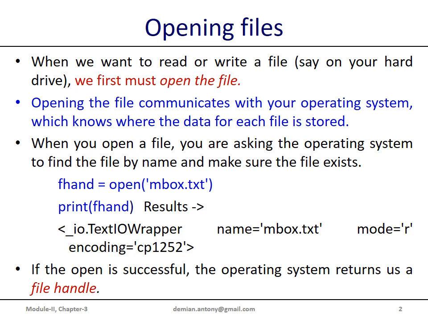As I said, in order to read contents from a file, we must open a file. What do you mean by opening a file? So opening a file is nothing but the interface between the program and the secondary memory through the operating system.